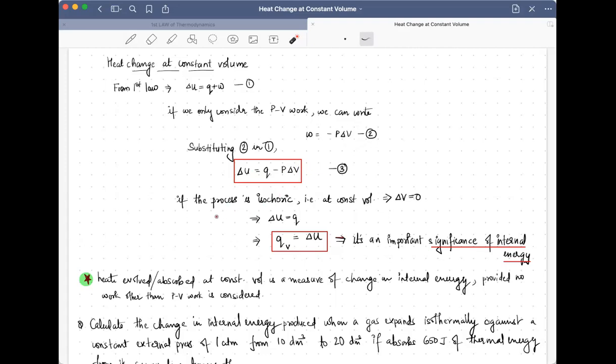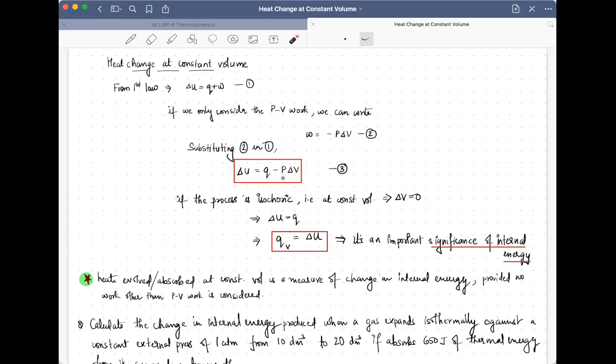Now we are trying to derive an equation where the heat change takes place at constant volume. This is the equation that we got by putting in the pressure volume work. If the process is isochoric, meaning constant volume, delta V should turn out to be 0 because there is no change in volume.